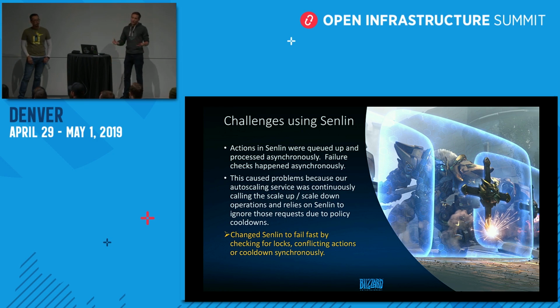So the way we solved this was we exposed the concept of the locks, the conflicting actions, and the cooldowns to the API so that when a request comes in, we would fail fast from the API. We'd be like, oh, you can't scale up your cluster, you're already scaling down, or you can't scale down because you're already scaling up, or something's happening, so we would understand immediately the state of our cluster.